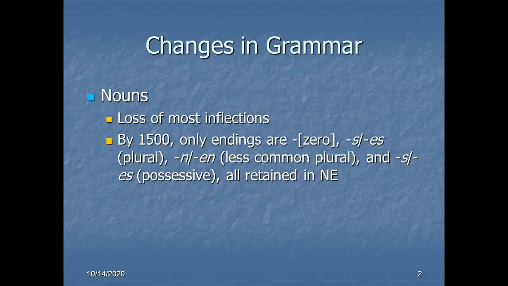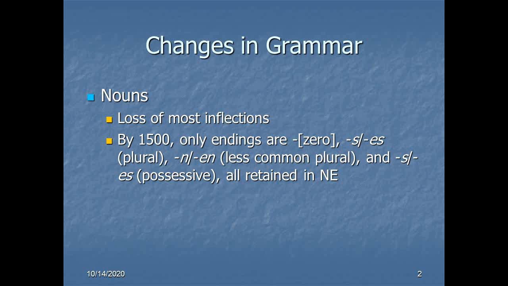In terms of grammar, of course, the most important change in English from Old English to Middle English is the loss of inflections in nouns and adjectives. This change is complete by 1500.